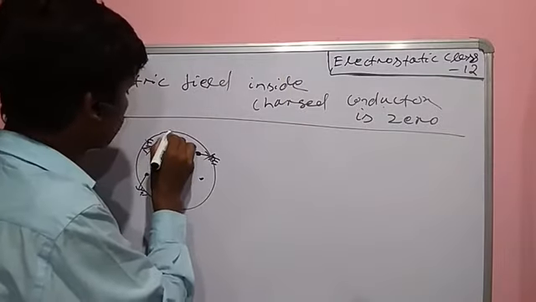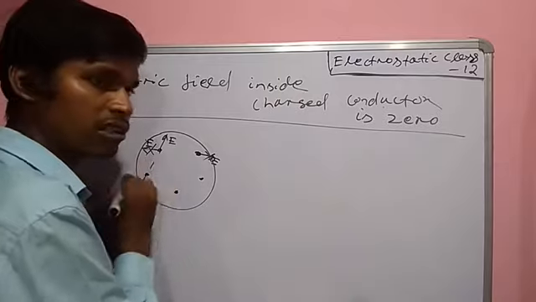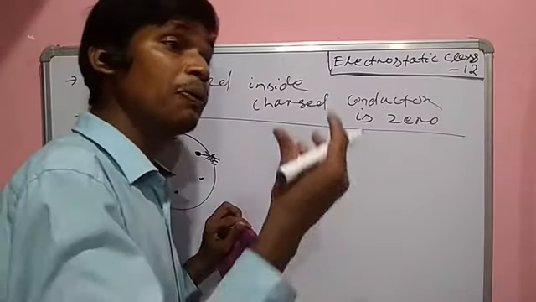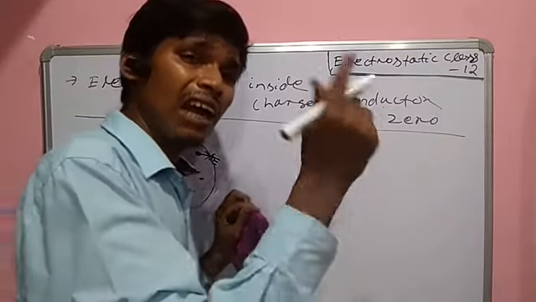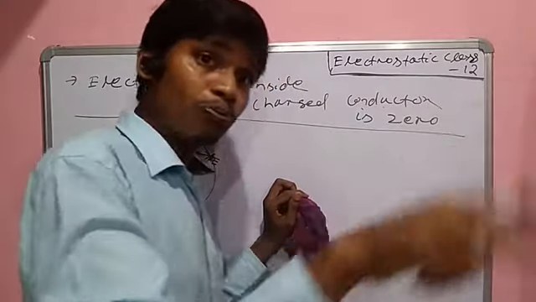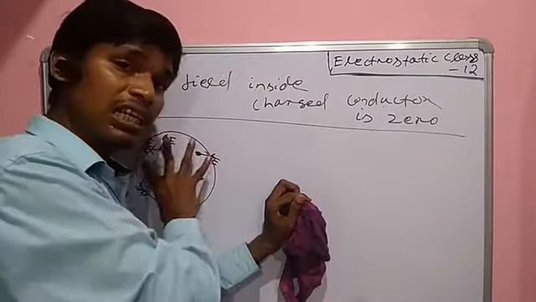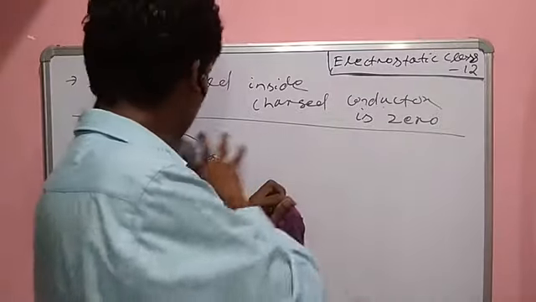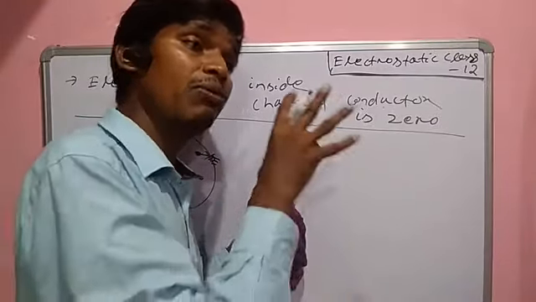Similarly, this electric field here cancels. That means an electric field is created by each single charge, but many charges are available, so many electric fields are available in this region.